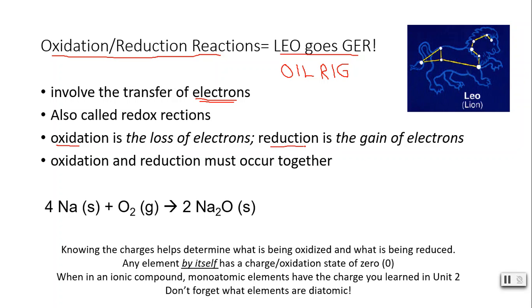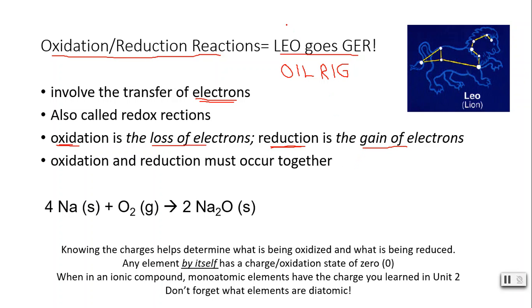In a redox reaction, something is oxidized and something is reduced. Something that is oxidized loses electrons. Something that is reduced in that reaction gains electrons.